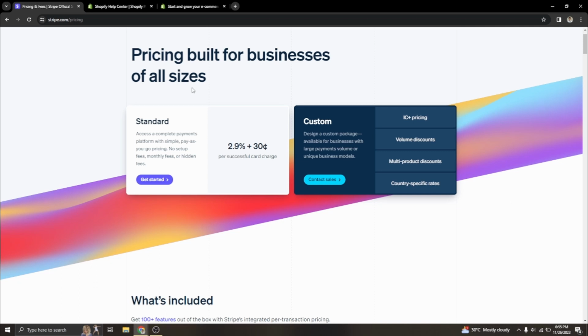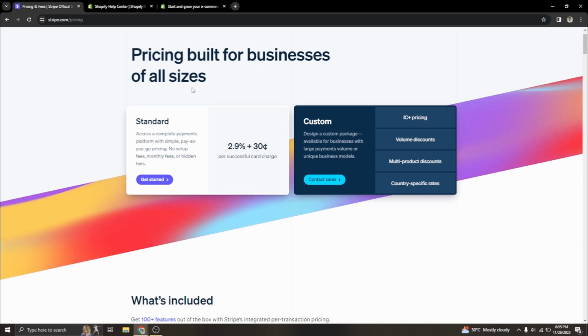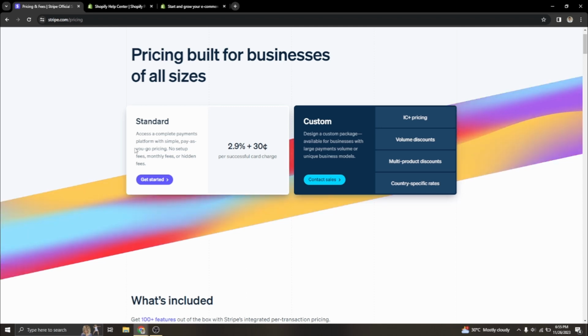If it is, they will withhold your payment temporarily. If you are in the USA, you can expect Stripe payouts every 2 days. In other countries, your payout will be every 3 days. So that's the difference between Shopify and Stripe when it comes to payout.